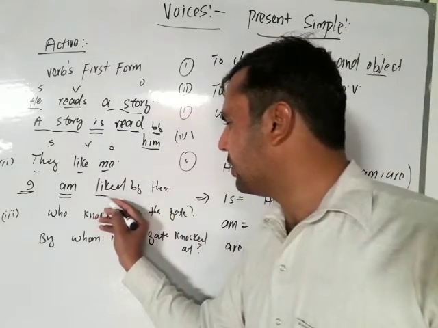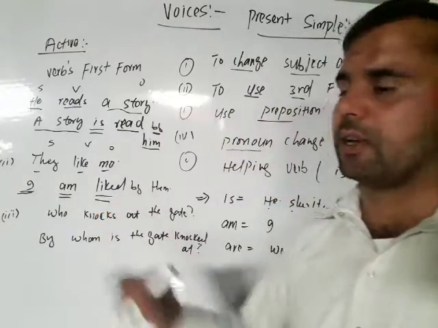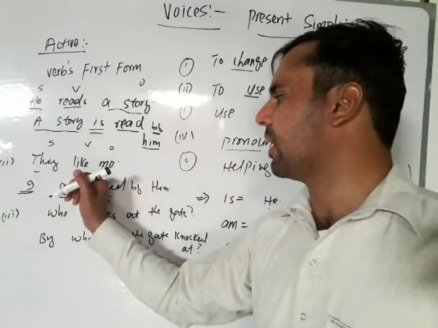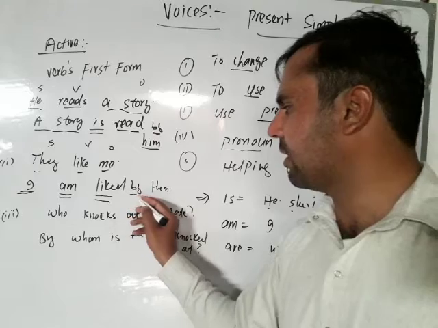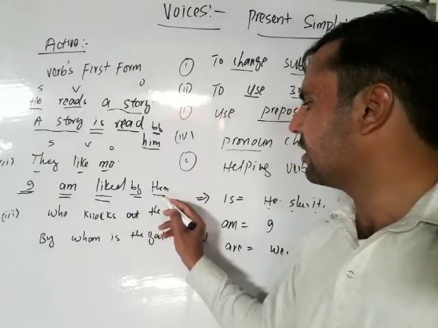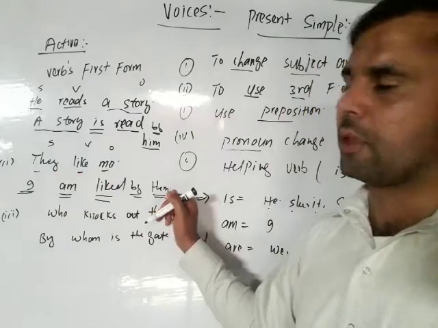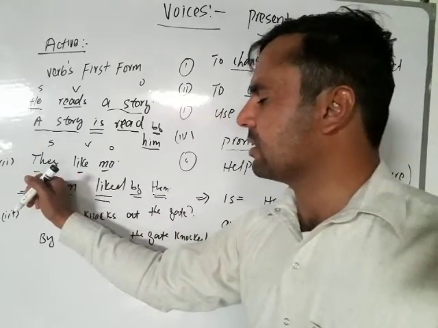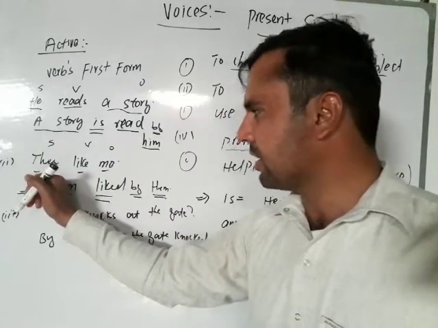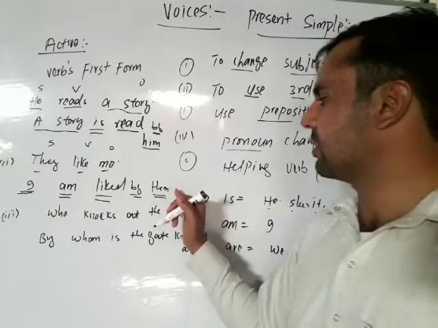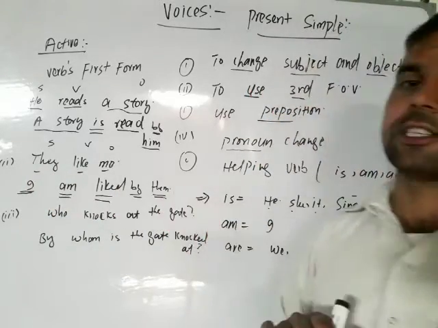And then we use the third form of verb. The third form of like is liked, and then again by, and then they has been changed into them. And as it is the subject of the sentence, we put it at the end of the sentence.